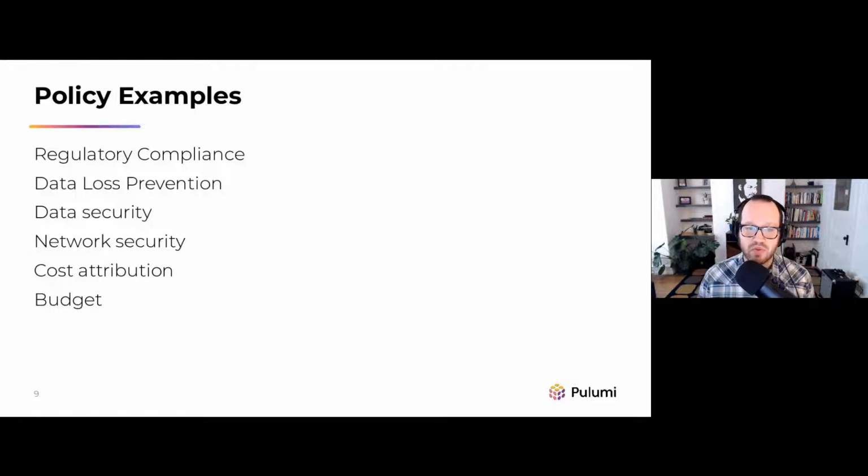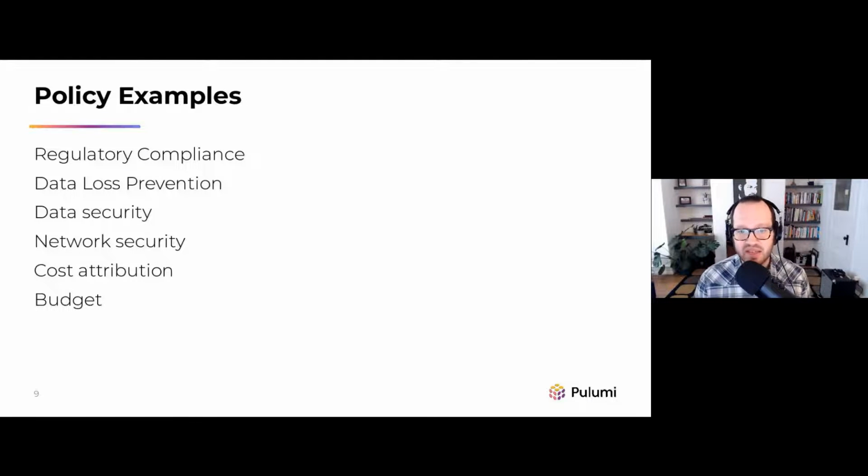We might have rules around data security. So we might want to ensure that for our S3 objects, we have encryption at rest turned on. For an example, we might want to create a rule for network security. So we don't want to allow SSH access from all IP addresses. We might want to have tagging rules that allow us to ensure that all of our resources have correct cost attribution.